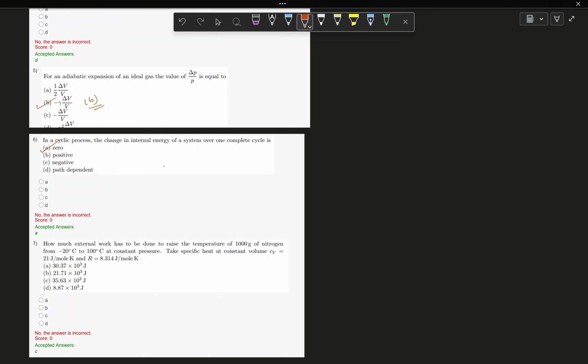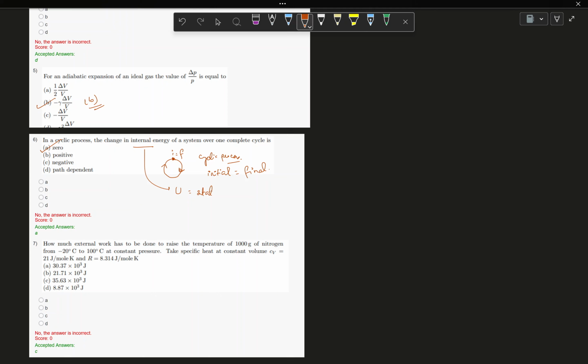So here your initial point becomes your final point. In a cyclic process, it goes on like a cycle, as in your initial state becomes your final state. So you go through that process and come back to the point where you started. So initial is equal to final, and this internal energy, that is U, is a state variable.